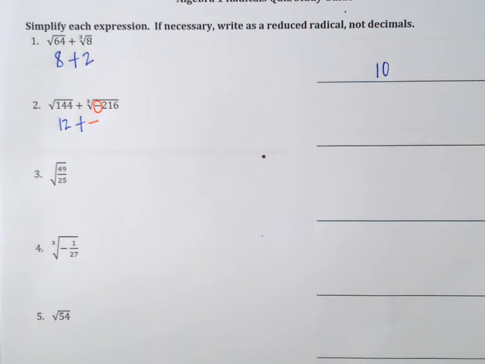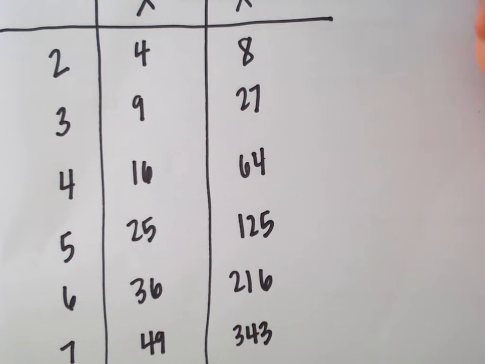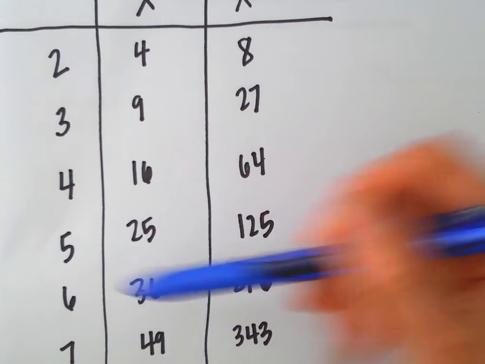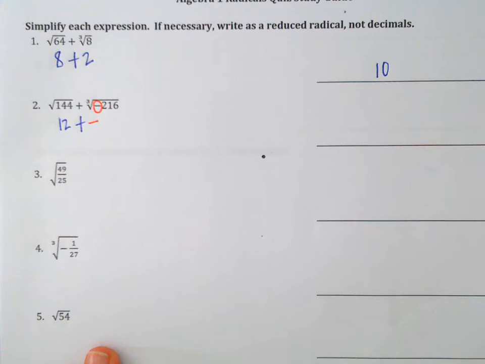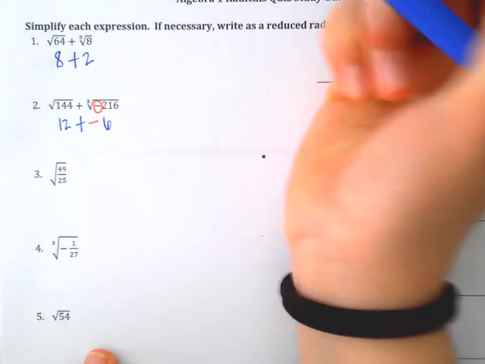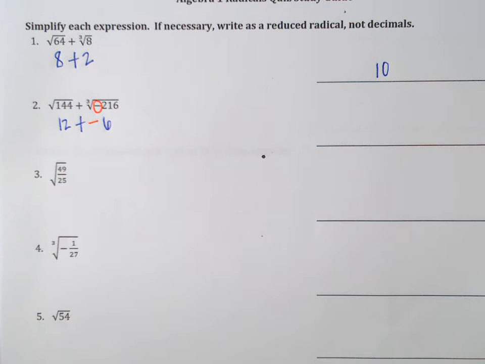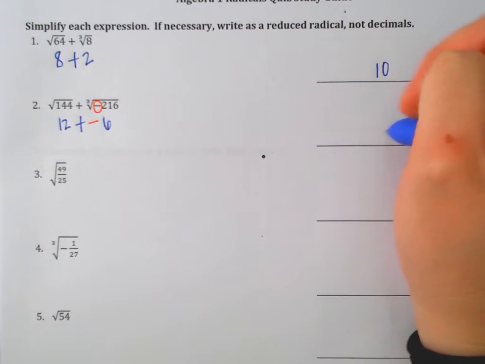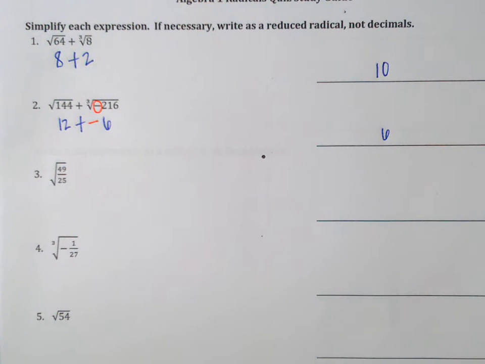And then I think, okay, what's the cube root of 216? Well, the cube root of 216 is 6. And so the cube root of negative 216 is negative 6. Now that's because negative 6 times negative 6 times negative 6 gets me a negative 216. So then 12 plus negative 6 gets me 6.